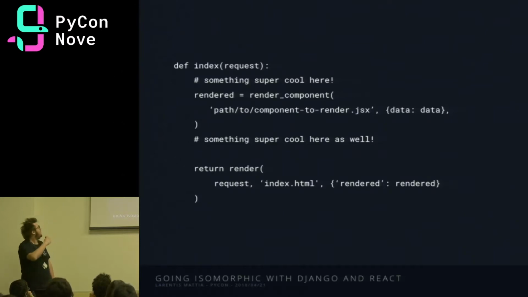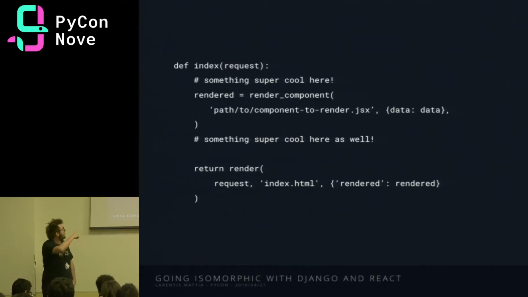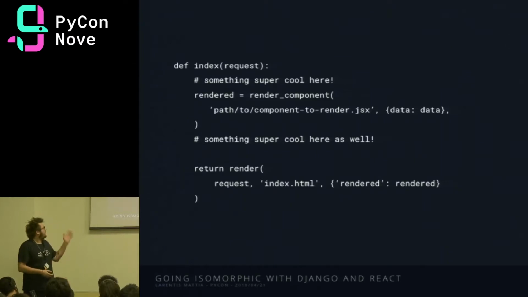And this is a view. Something super cool here means get data from the API and whatever. Render component is the call that calls Node, passing the component that we want to render and the data that the component needs to be rendered. And after that, you can do the stuff that you want, like in a normal view.